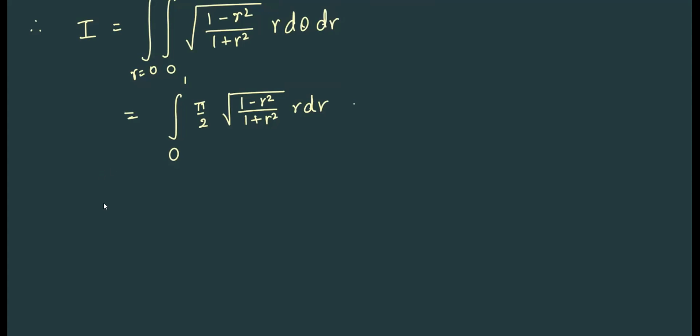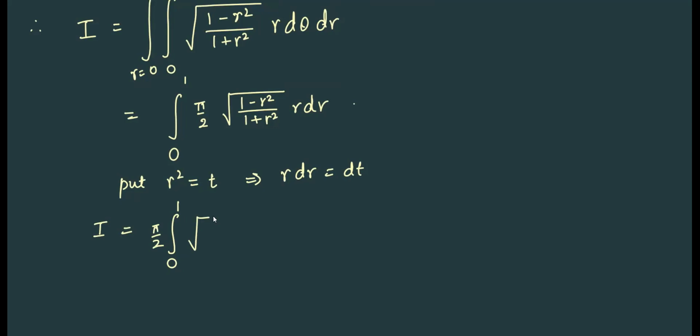Let us try that. Now when r is 0, t is 0. When r is 1, t is 1. So limits of integration don't change. You have under root 1 minus t by 1 plus t dt.